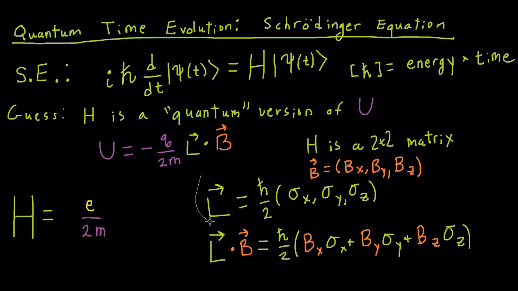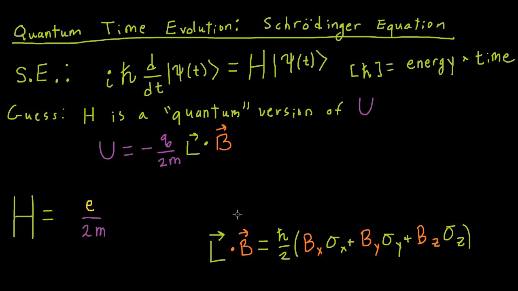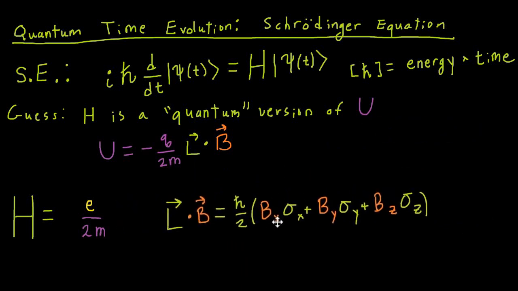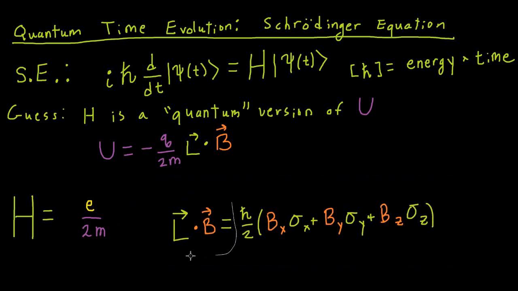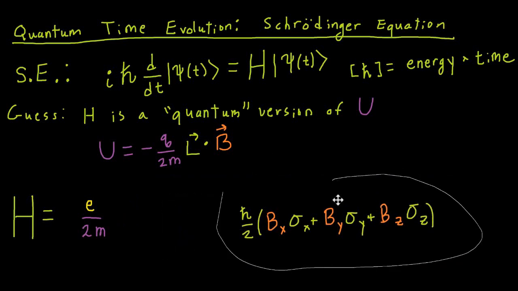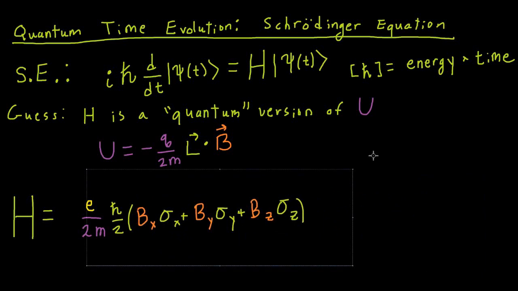And if you notice, plugging this all into H, this gives us our desired result of H being a 2 by 2 matrix, right?